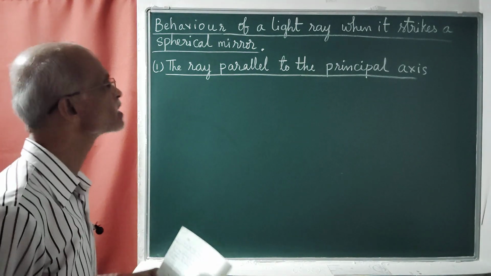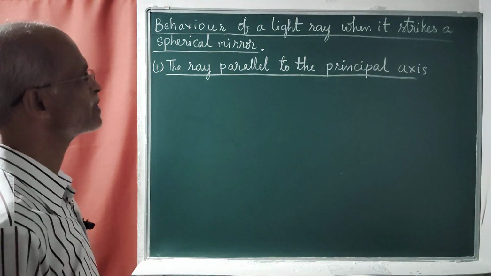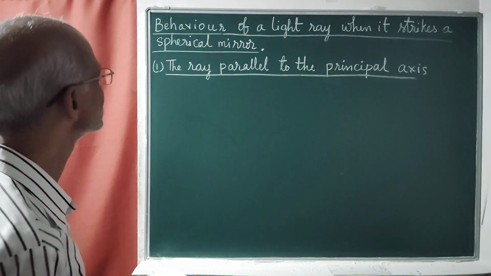Now we'll see how the ray that is parallel to the principal axis behaves after reflection.